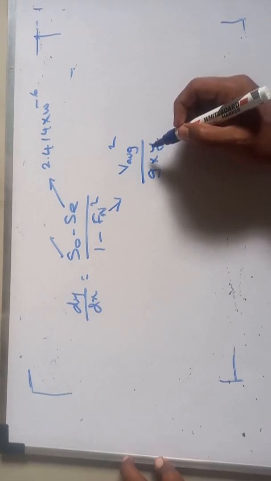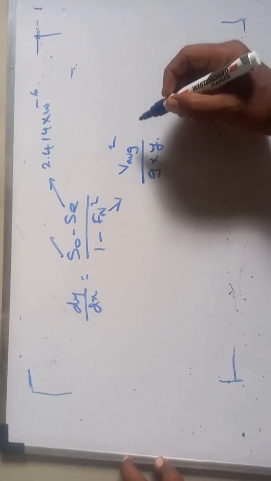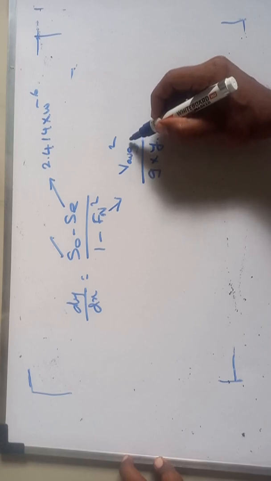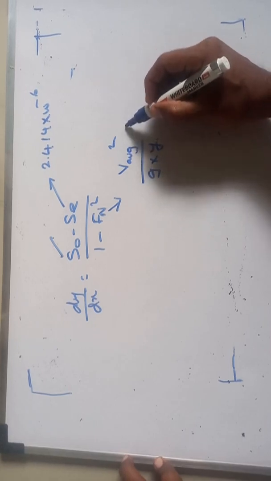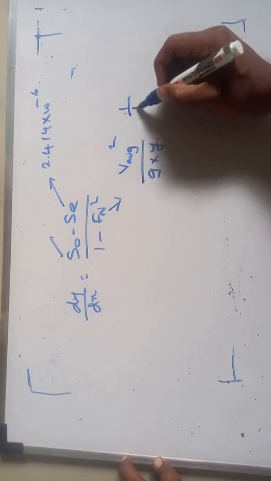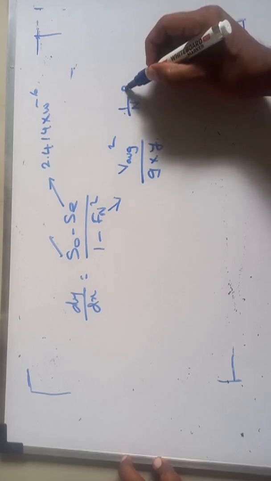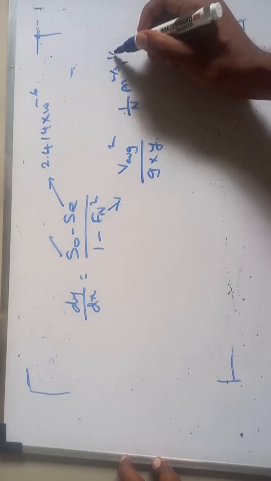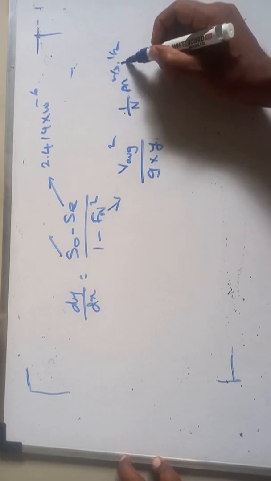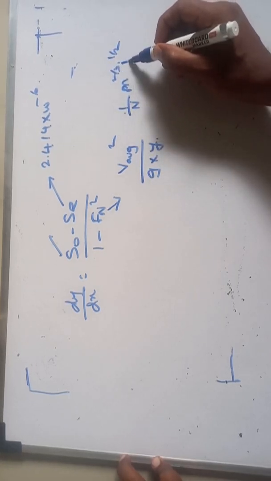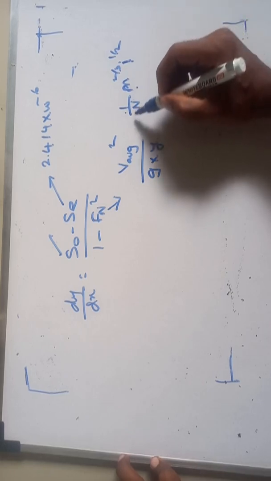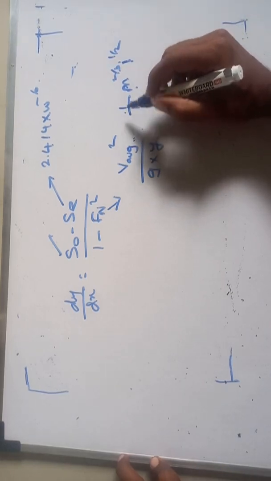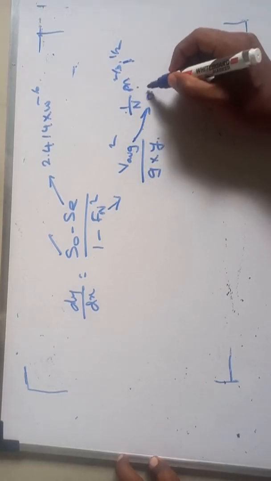I know the velocity. Velocity I can calculate using Manning's formula, that is 1 by n, R power 2 by 3, S power half, where S is nothing but the bed slope. If I substitute the bed slope value and R value, I will get V average. That V average value will be equal to 0.32.